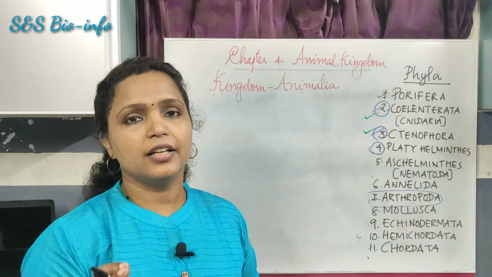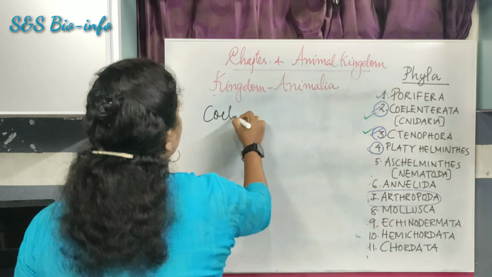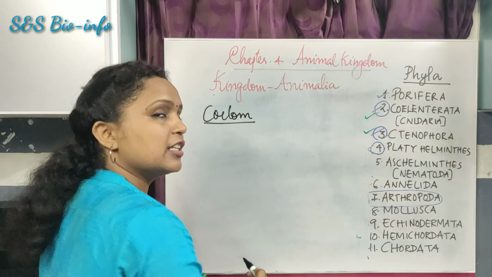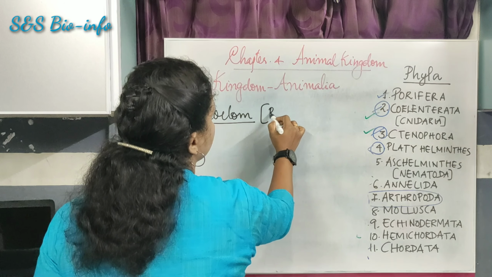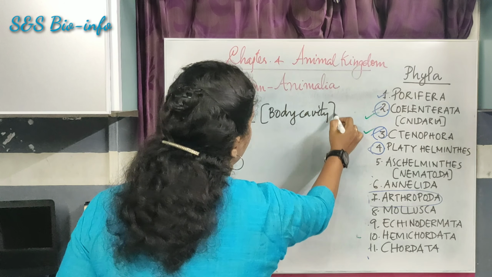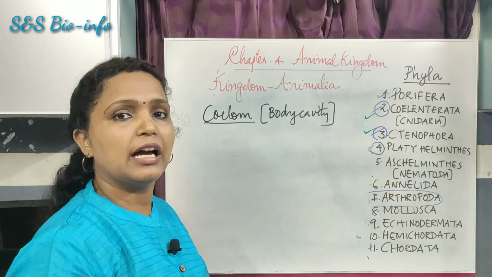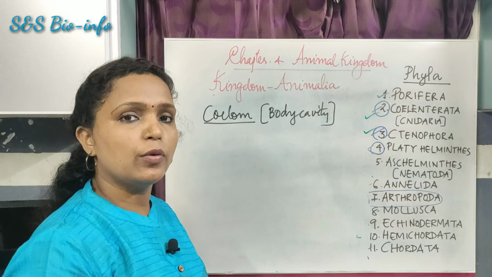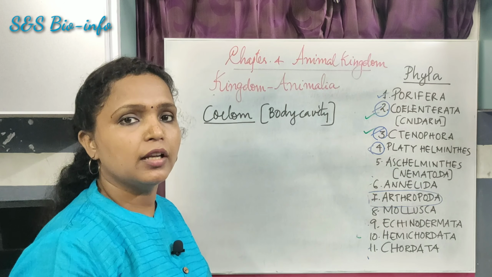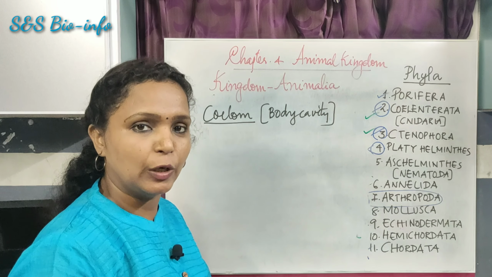The next criterion is the presence or absence of coelom. Coelom is also known as body cavity. It's a body cavity that lies in between the body wall and the gut wall. It is found in the higher phyla. Now let's familiarize with the different types of animals with the different types of coelom.